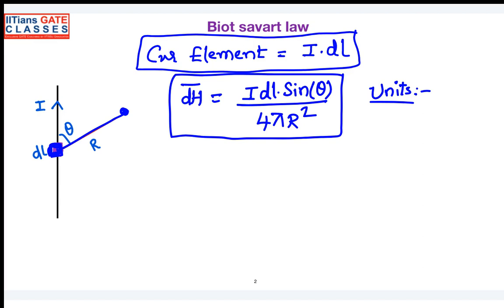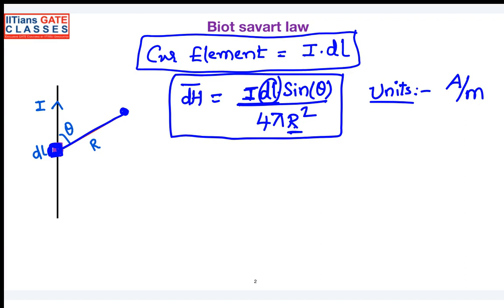Exactly. Here you can see current is in amperes, the differential length is in meters, and r square is in meter square. So ampere meter divided by meter square, and you are going to get the units of ampere per meter. Sin theta is a constant.